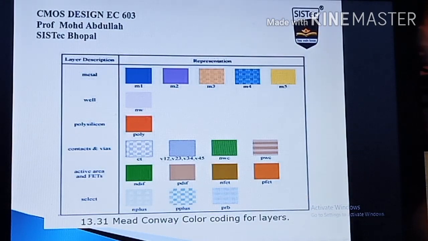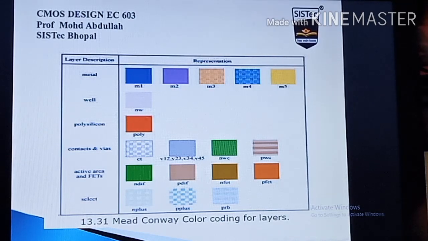Now we have seen the layer description and the representation. For the Lambda based rules, there are different conventions used for the different specified symbols. For example, metal is used for interconnection.